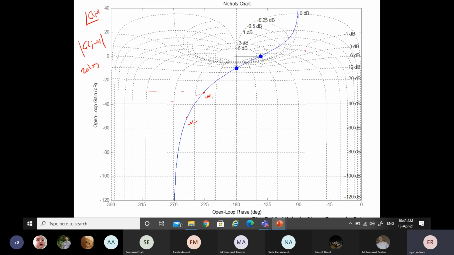On Nichols' chart, if you look at this blue line, it is the open loop response.